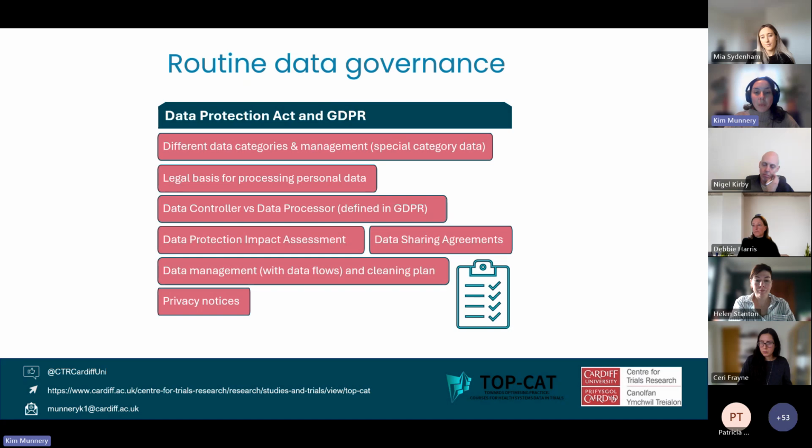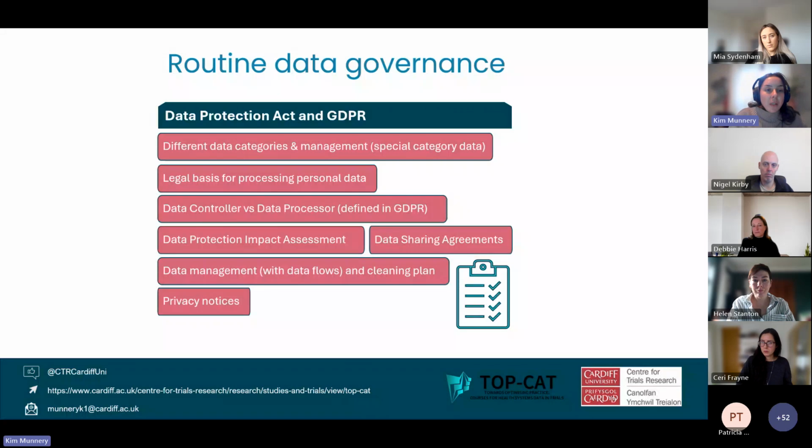So the number one thing is that it's essential to understand the different categories of data. So special category data, which I've mentioned in brackets, is personal data which requires much more protection. So this data should be processed in limited circumstances, and there should be clear justification for why it's used.